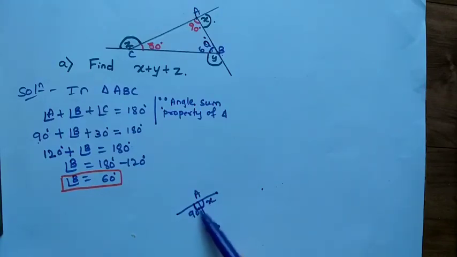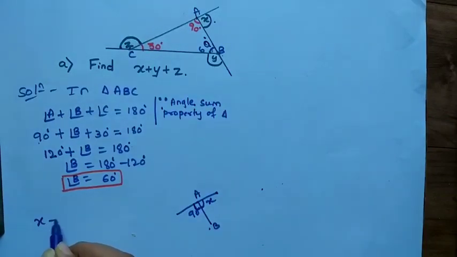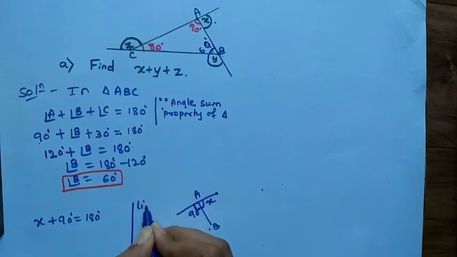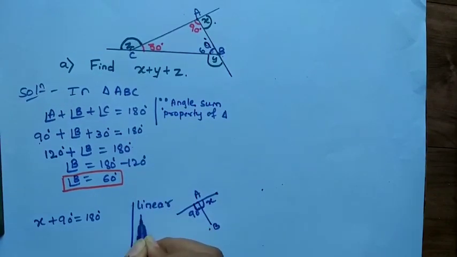The sum of adjacent angles in a linear pair is always 180 degree. So right here, angle x plus 90 degree is equal to 180 degree, because here we are applying a linear pair of angles.